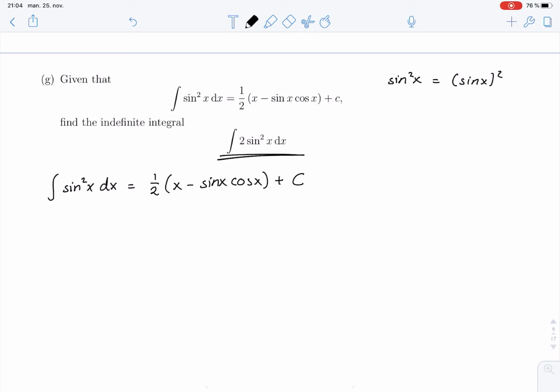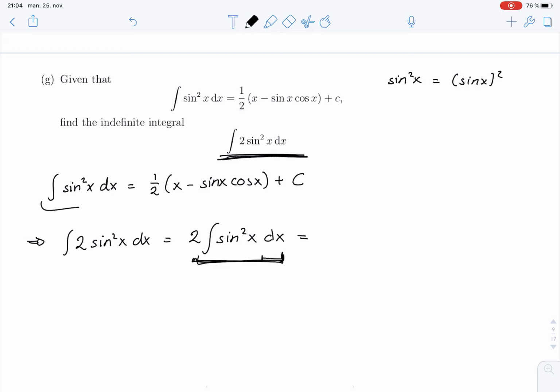And I want to find this. So the first thing I do is that I put the constant in front, which I'm allowed to do according to the formula sheet. And this is what I'm given. See, this one is totally equal to this one.